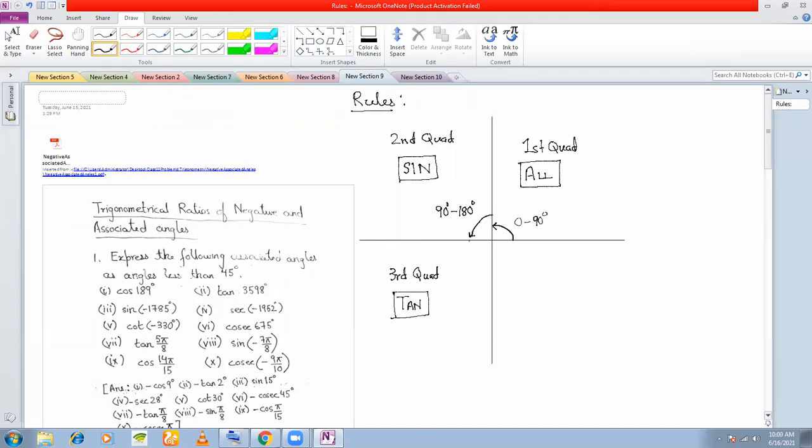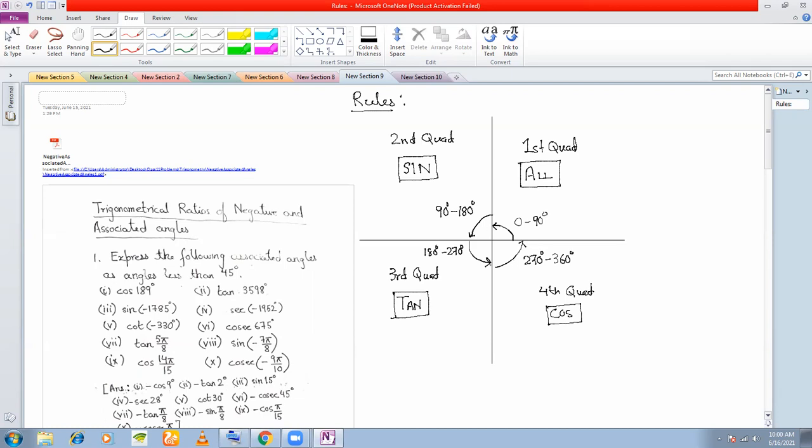The range here is from 180 degrees to 270 degrees. Next you have the fourth quadrant, in which cos is positive. The range here is from 270 degrees to 360 degrees.